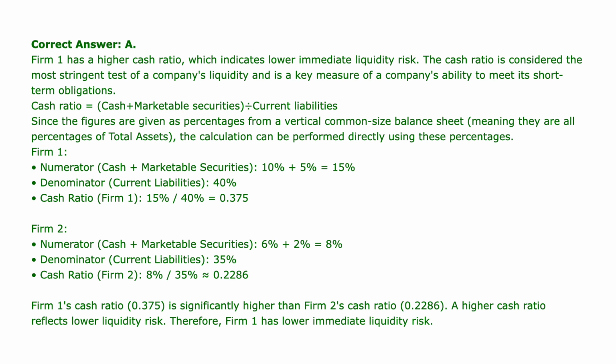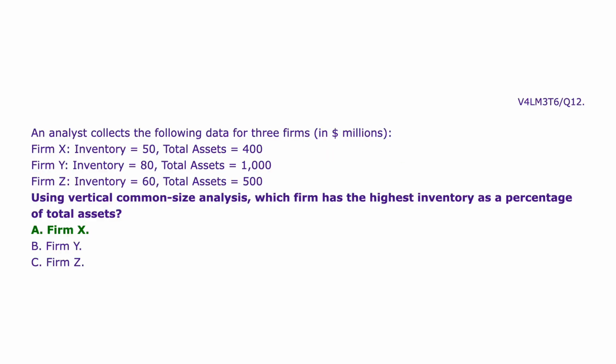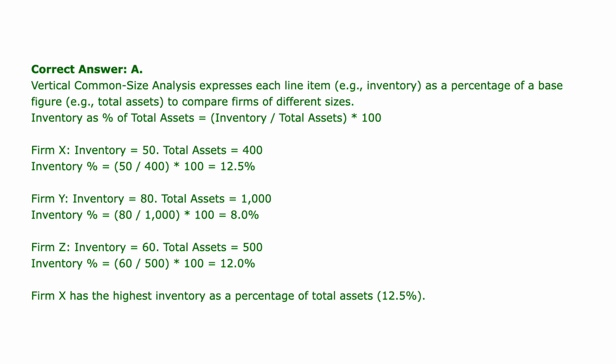The cash ratio measures immediate liquidity, using only cash and marketable securities, compared to current liabilities. Vertical common-size analysis expresses inventory as a percentage of total assets, allowing comparison across firms of different sizes. Firm X has the highest inventory percentage, 12.5%.